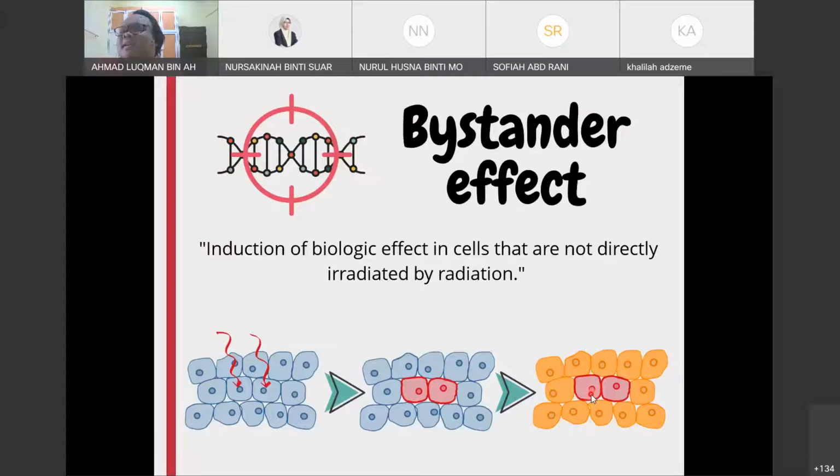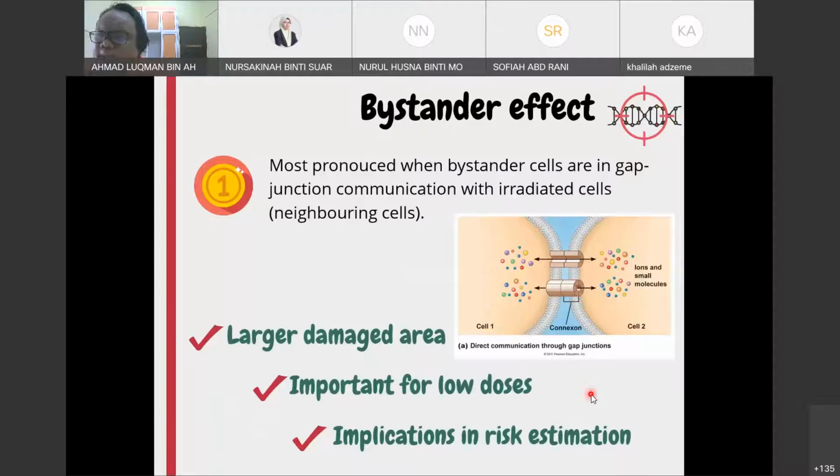In the process of the bystander effect, in a simple process that I can conclude, the irradiated cell sends a signal to the other normal cells, which induces a response through gap junction communication.